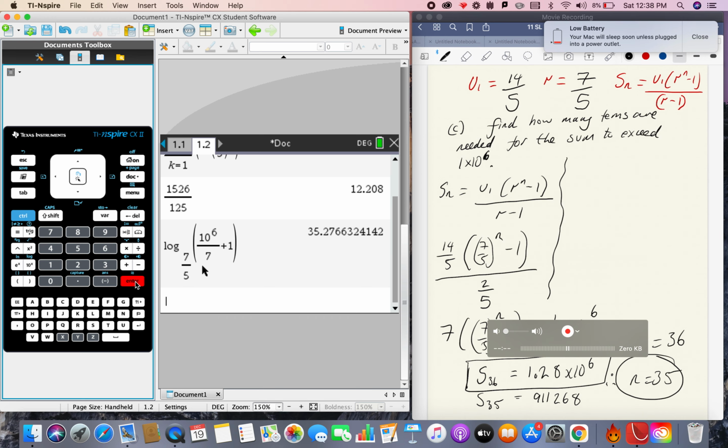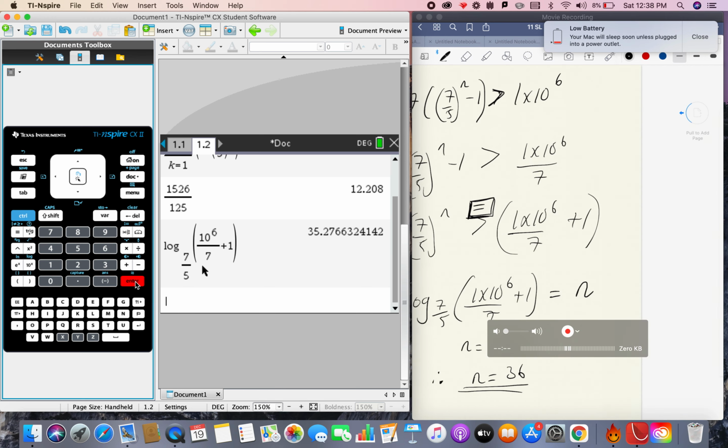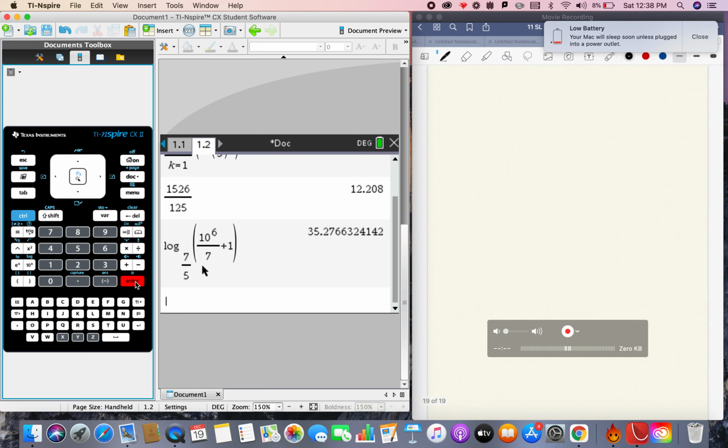Now that was a little mistake. But then actually there is one way which is even cleaner. Let's see if this works. We've got sigma k equals 1 to n here, of 2 times 7 fifths to the k. Now this is the formula for the sum up to n terms. We want that to be bigger than 1 times 10 to the 6.